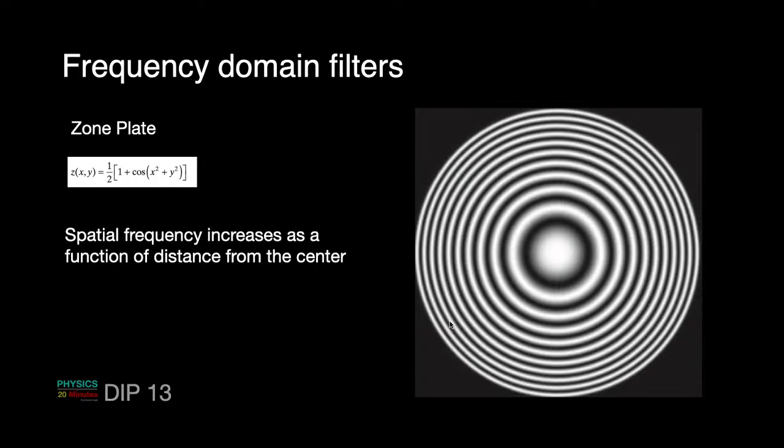So we say that the frequency is increasing. As you go towards the center, the objects are getting larger, they don't repeat so often. So we will say that the frequency component is decreasing. So spatial frequency increases as a function of distance from the center.